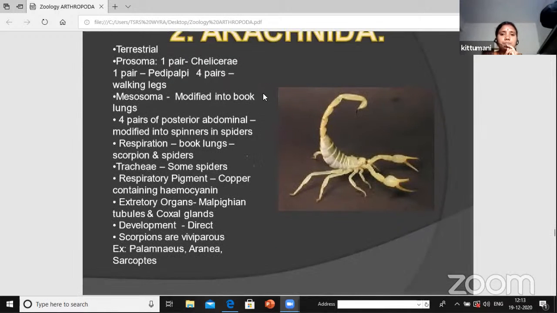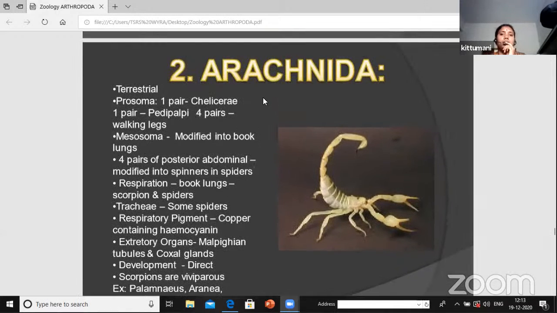What is that? Arachnida. They are the terrestrial ones. Terrestrial means they belong to the land. The prosoma bears 1 pair of chelicerae, which they use for feeding. We already know. Next, 1 pair of pedipalpi and 4 pairs of walking legs.